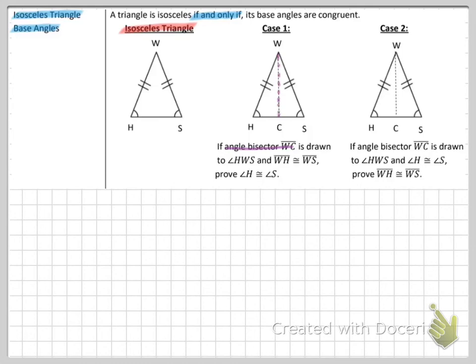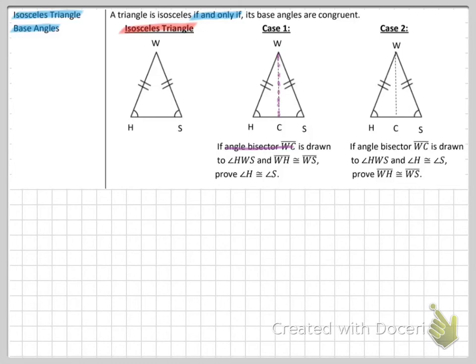It is called an angle bisector. What that means is that we are going to chop the angle in half. So an angle bisector, okay? And it's drawn to HWS.